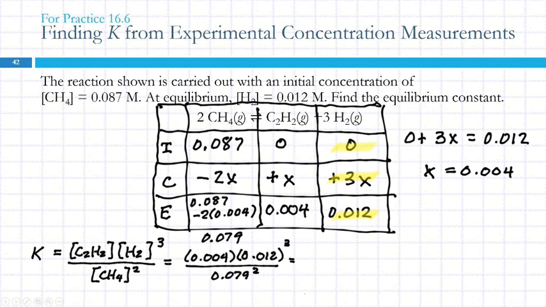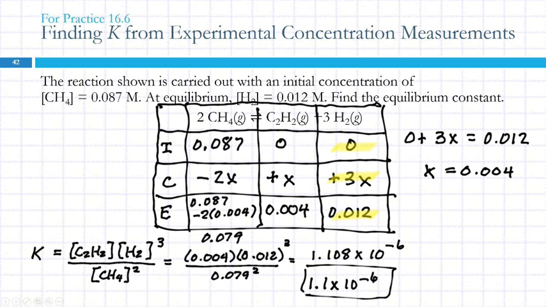My rule of thumb is if there's more than 3 zeros at the beginning of the number, it's good to put it in scientific notation. I'm going to put this in scientific notation. And 2 sig figs is probably good, so 1.1 times 10 to the minus 6. Yes, I realize that this one only has 1 sig fig. We don't care.